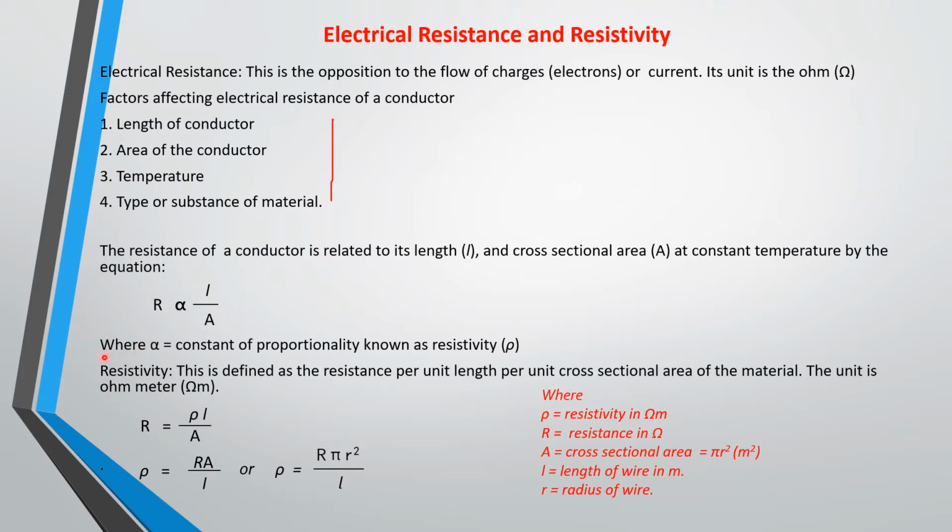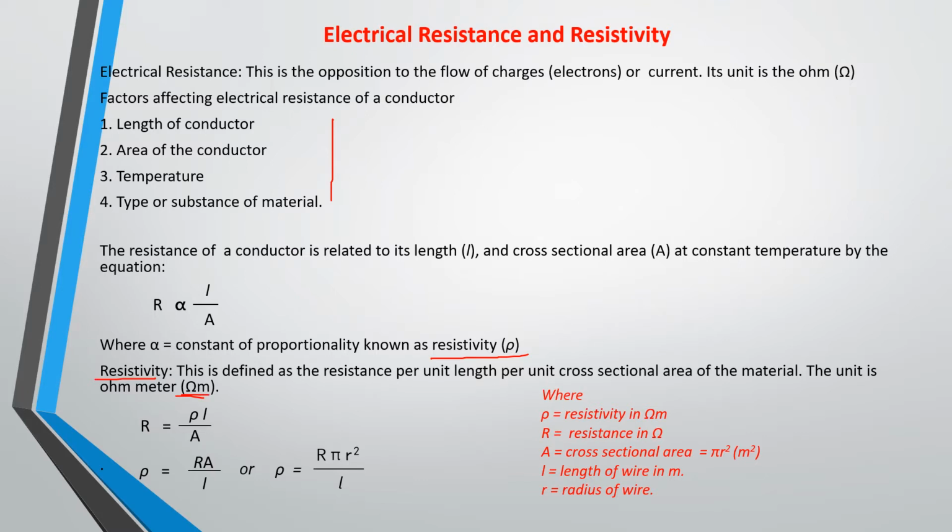Now, this constant of proportionality is equal to resistivity. This is known as electrical resistivity. So electrical resistivity is defined as the resistance per unit length per unit cross-sectional area of the material, and the unit of resistivity is ohm meter.